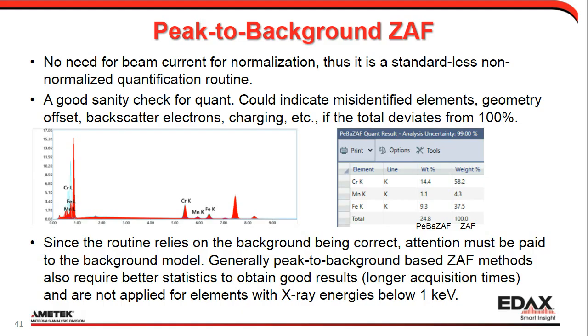The spectrum I'm showing here is a steel sample. I have nickel peaks, which are major peaks, unlabeled on purpose. The peak-to-background ZAF quant shows the total is only 24.8%. That means some major elements are missing.